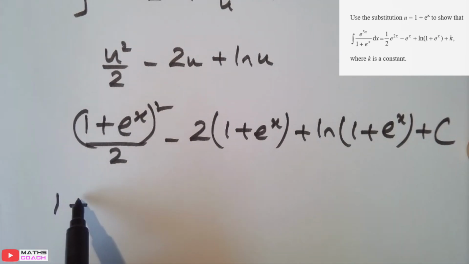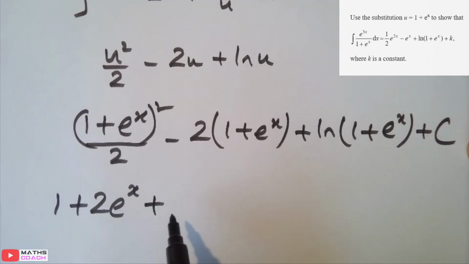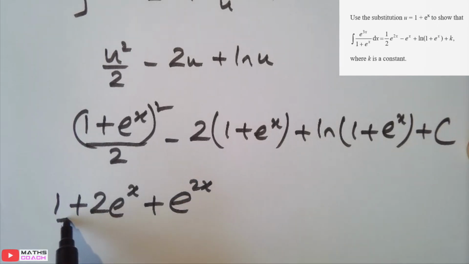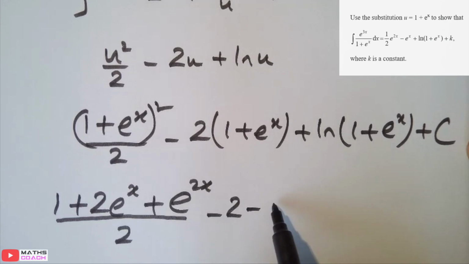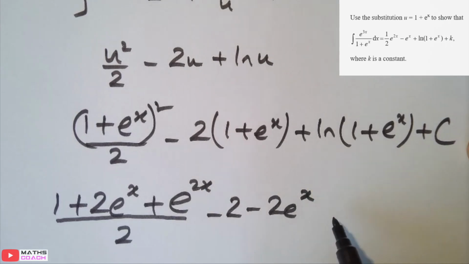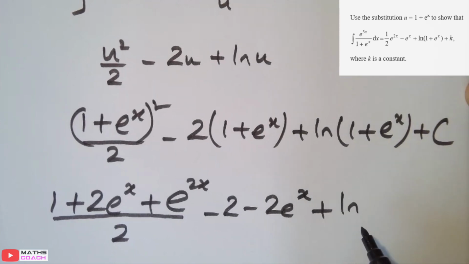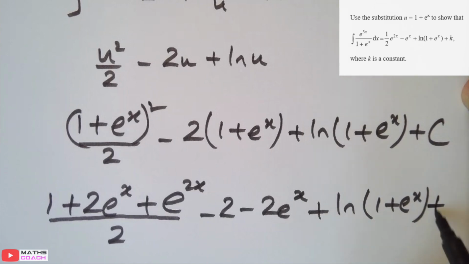We'll have 1 plus 2e to the x plus, now e to the x times e to the x, don't write e to the x squared, that's a common mistake, it is e to the 2x, over 2, minus 2 times 1 is 2, and minus times plus is minus 2e to the x, plus, you can't expand that, so we write it as ln of 1 plus e to the power x, and keep bringing that constant c.